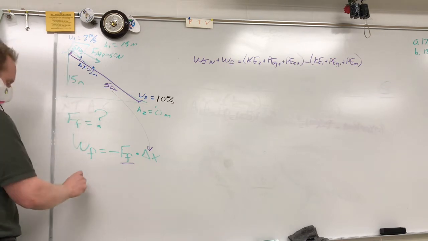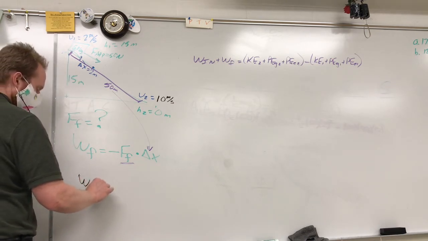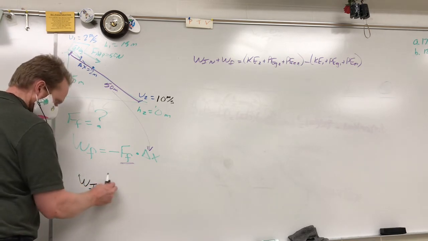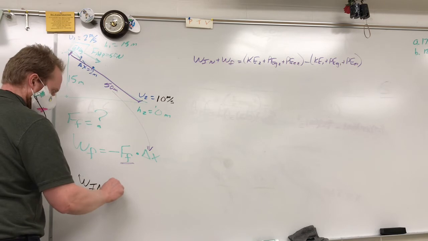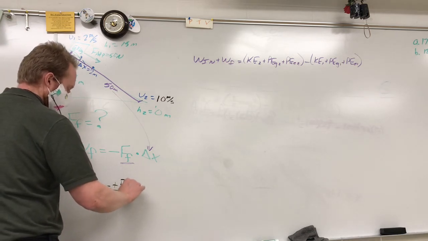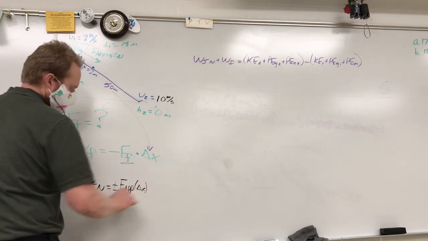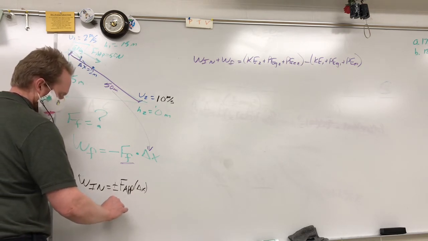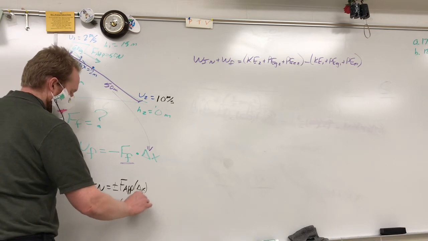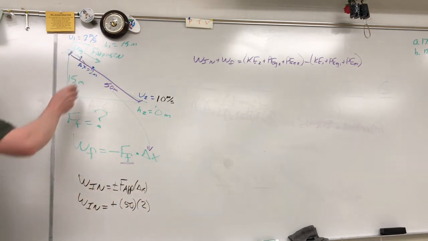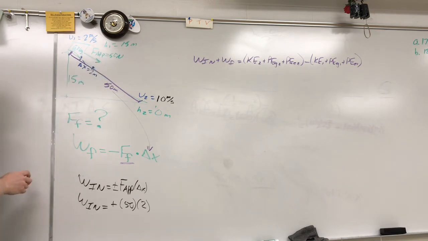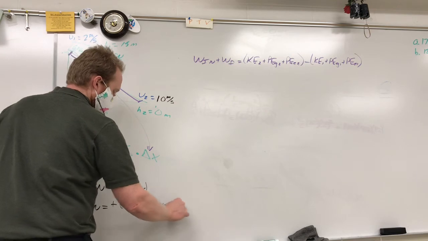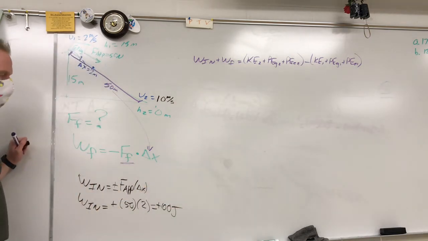However, it's still work in is plus or minus our applied force times displacement. Our work in is going to be plus 50 times 2. It's only 2, it's not 50, because the push is only over 2 meters. It's the exact same work in as the previous problem, so our work in is going to be 100.